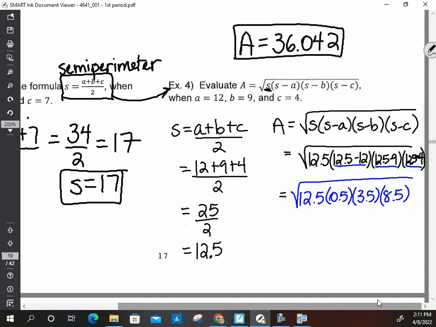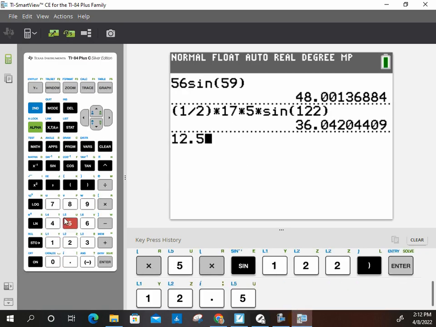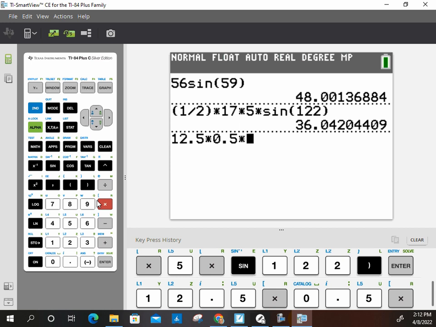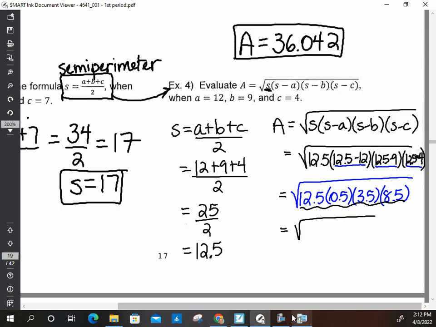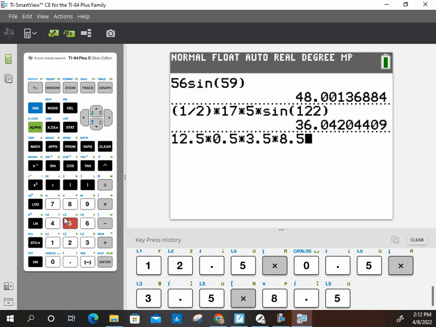Parentheses done, there are no exponents, so now we multiply the values out. Everything underneath the square root, you can literally put it into a calculator and multiply it out. So that's 12.5 times 0.5 times 3.5 times 8.5.